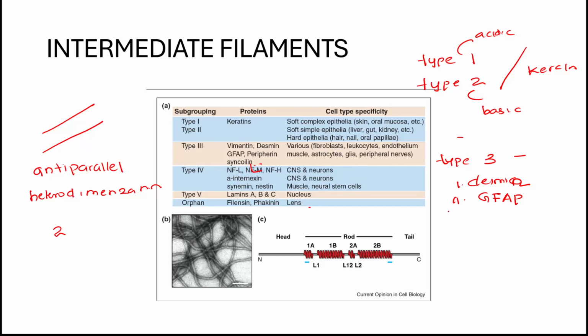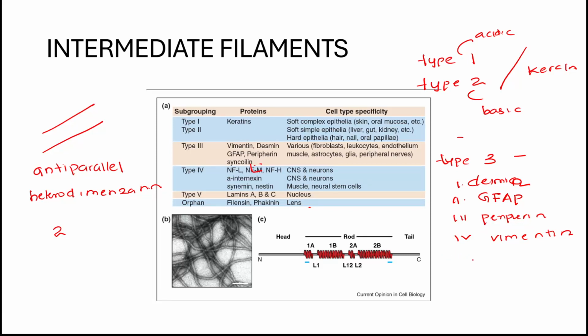And the third type is known as peripherin, which is found in the neurons, usually within the peripheral neurons. It is an important structure within the ends for neural transmission to take place. And now the fourth type is known as vimentin, which is found in leukocytes and endothelial cells, again providing support to these cells.